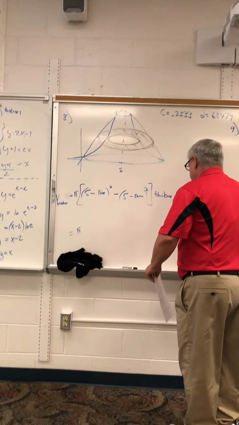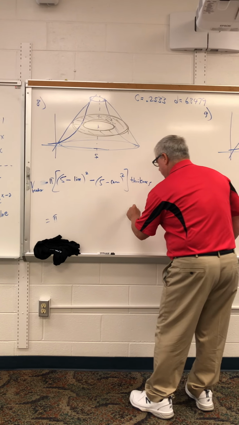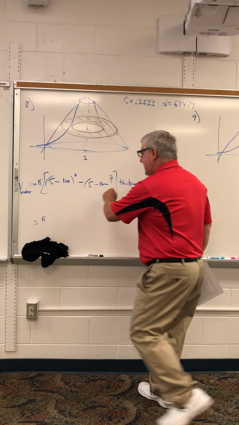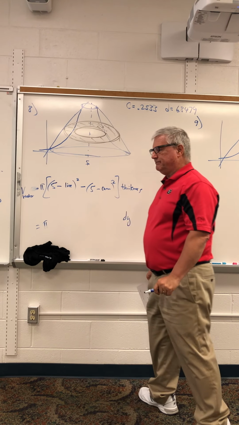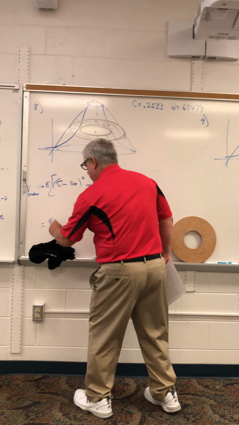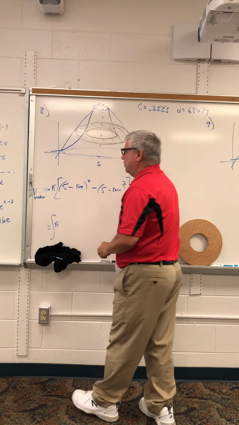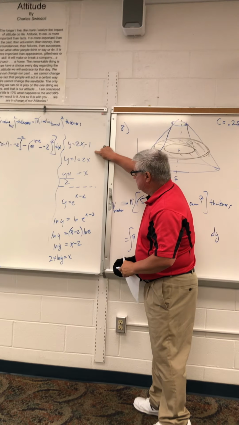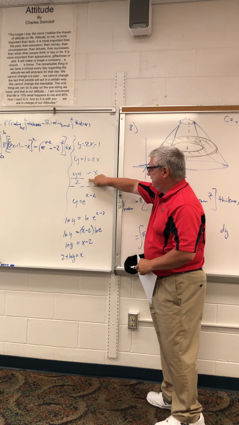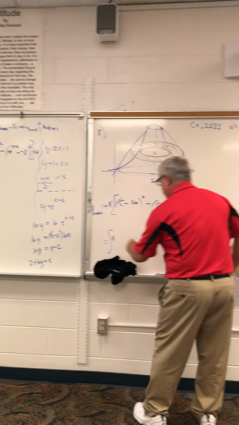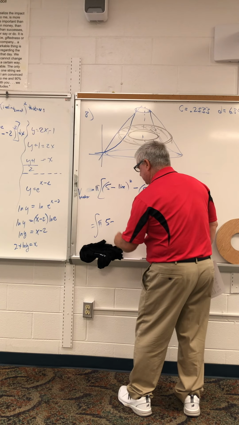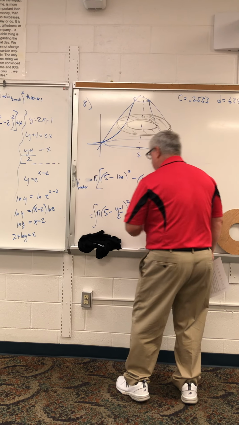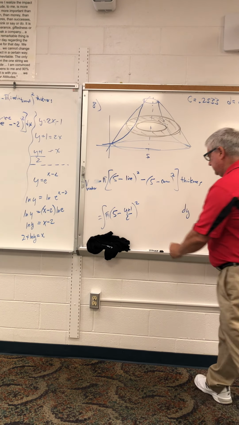Well, that changes everything. If I have dy as a thickness, everything has got to be in terms of y. So what is the line in terms of y? We'll take the line, solve for x, and you can see this is what we get. So that's going to be 5 minus (y plus 1) over 2, all squared. That's the big radius.